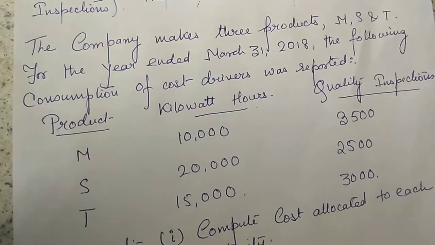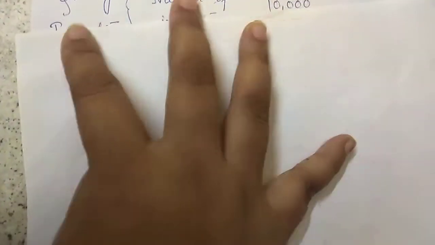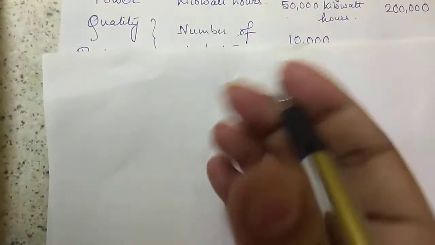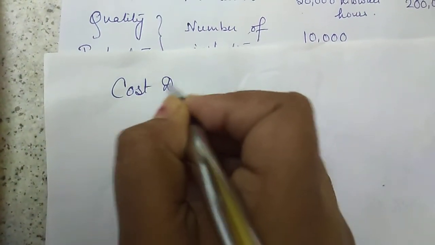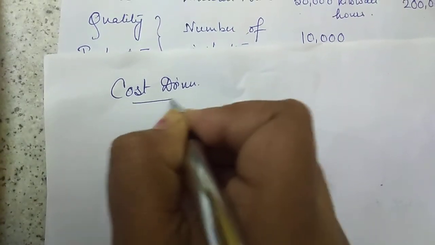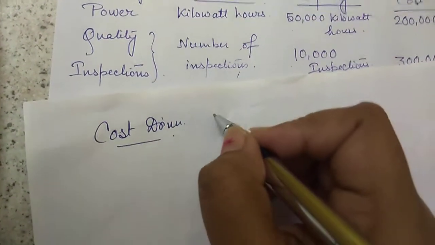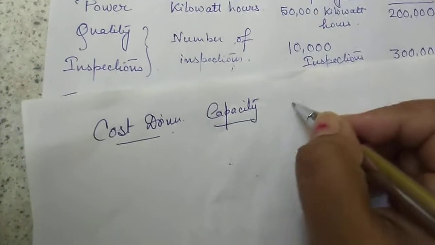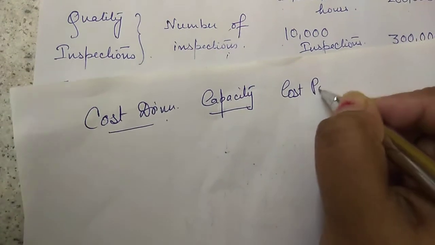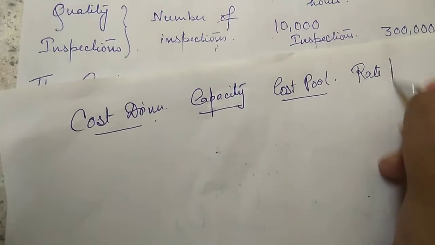So how shall we start? We shall first start with the cost driver, then the capacity of the cost driver, then cost pool, then rate per cost driver.